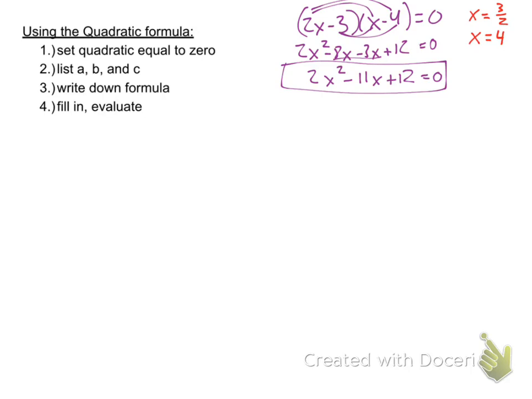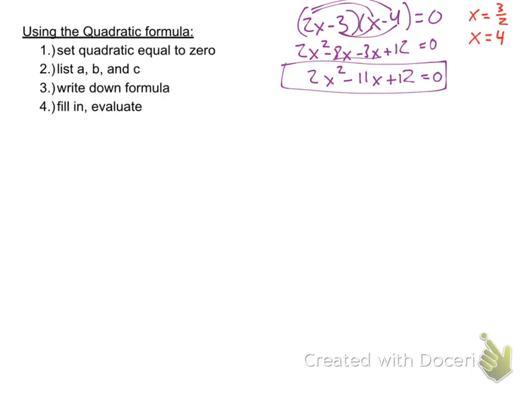So, I have a set of 4 steps. I think we wrote those down last time. We just never got around to actually implementing them. So, first thing, I need you to set the quadratic equal to 0. Sometimes that 12 might be on the other side, or there might be another number where that 0 is. Bring everything to one side, set it equal to 0. I want you to list A, B, and C. And then I want to write down the formula.